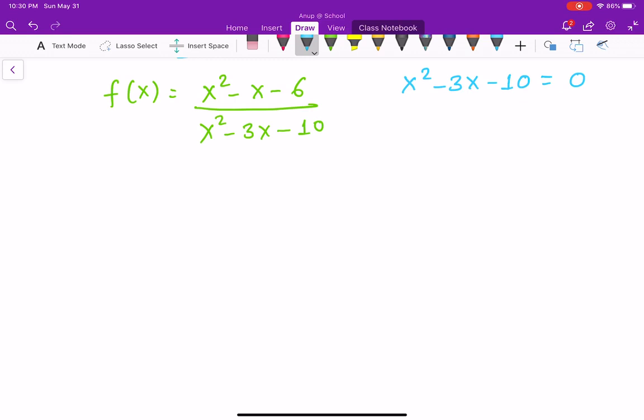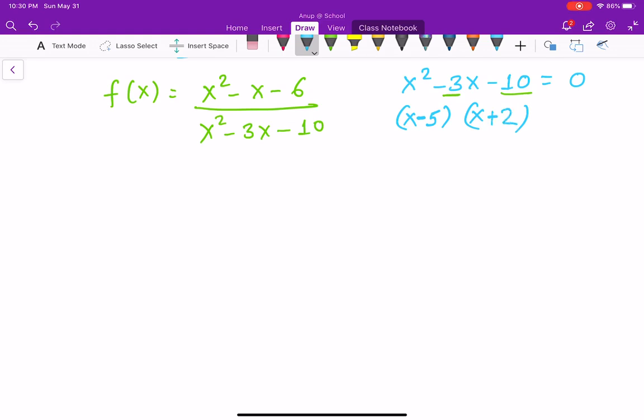This is a quadratic equation, so either you can use the quadratic formula or just factor it into linear factors, right? So let me try to factor this. I have x square, so x and x I can write down as the first terms of the factors, and at the end I have minus 10, and in the middle I have minus 3. So try to think of two numbers whose product is minus 10, but when you combine you get minus 3. Can you think of that? Okay, so minus 5 and plus 2, right?